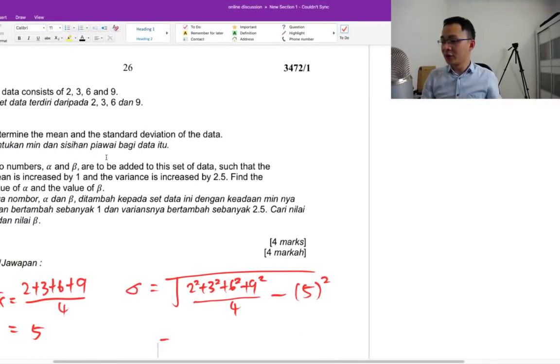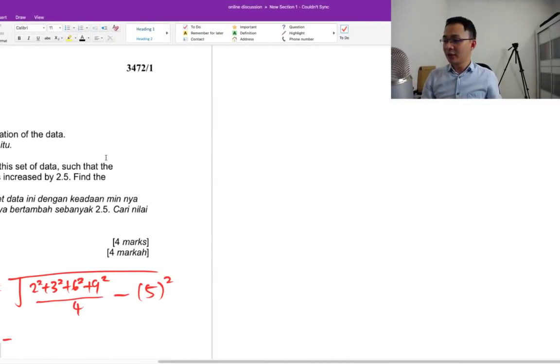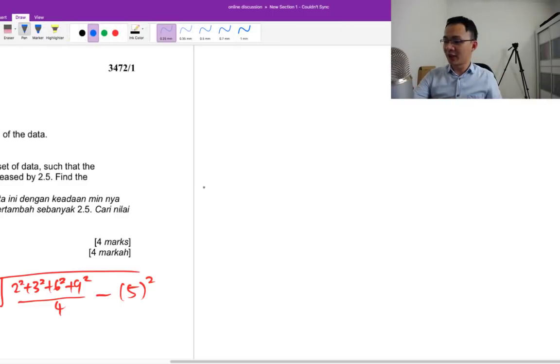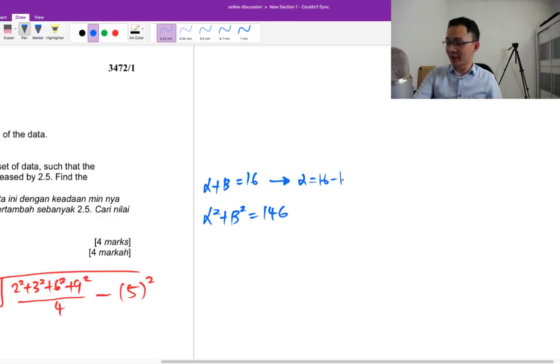Okay, so just now actually we got alpha plus beta equals to 16 and alpha square plus beta square equals to 146. Alright, so yeah, I will need to use a substitution now because I have square. So I will say alpha equals to 16 minus beta. Then I will sub into here. 16 minus beta square plus beta square equals to 146.